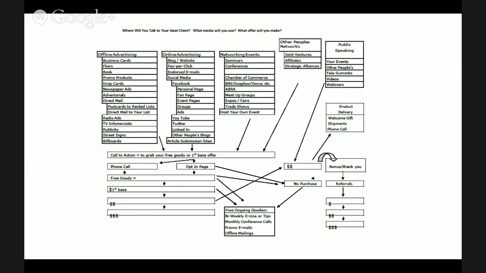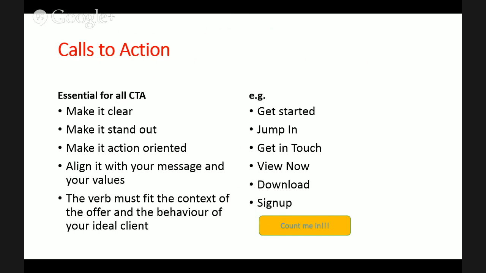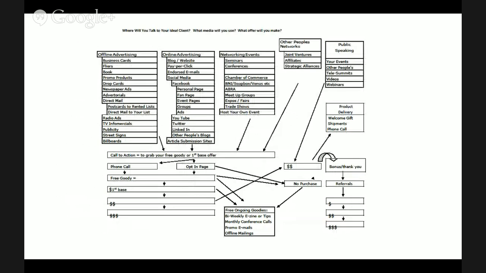This is where you talk to your ideal client, what media you will use, and what offer you will make. So this map tracks the actions that you want people to take. You'll see there on the left-hand side, with the laser pen, a number of those client lead generation sources listed, and the task here is to decide, what will I create as a call to action for these people?